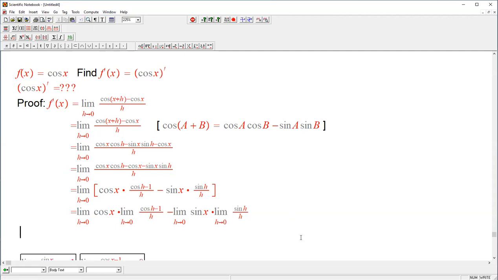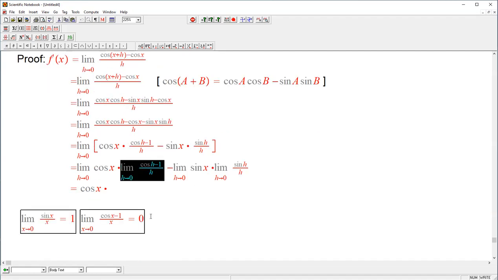And what do we get in the end? As h approaches 0, cosine x stays the same, treated as a constant. But the next limit in the product is 0, and 0 times anything is 0.